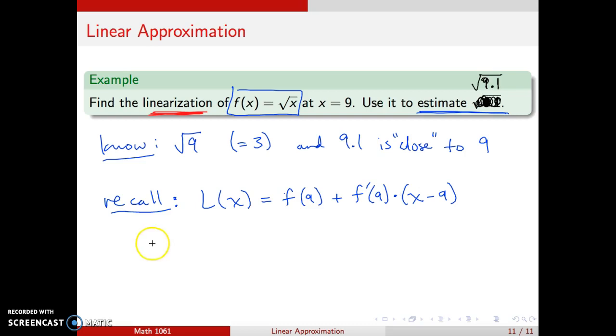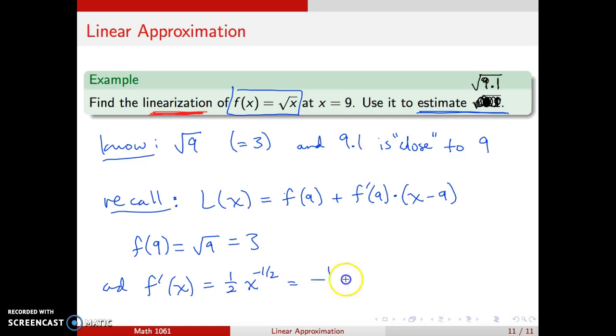So f of 9 is the square root of 9, which is 3. And f prime of x is 1/2 x to the negative 1/2, which you might write as 1 over 2 square root of x. So f prime of 9 is 1 over 2 times the square root of 9, which is 1 over 2 times 3, so 1/6.